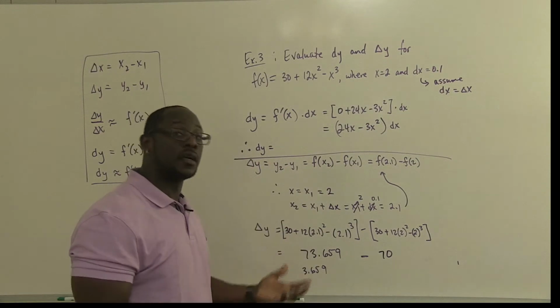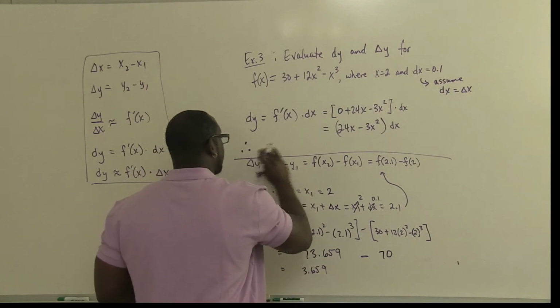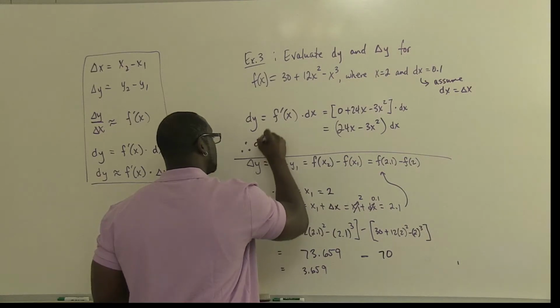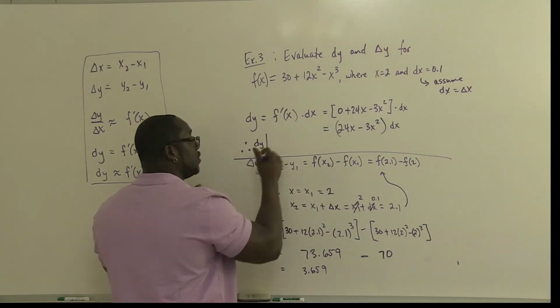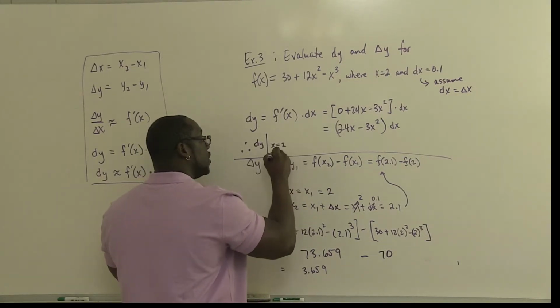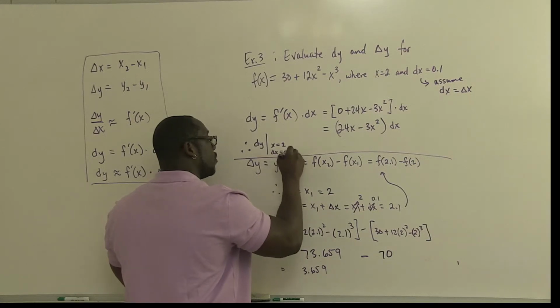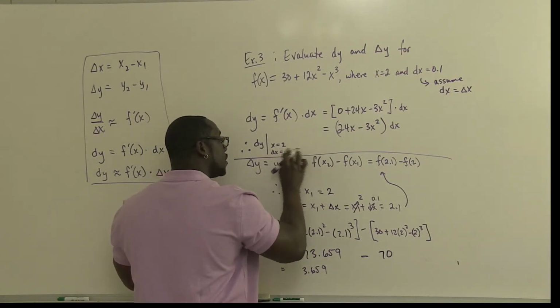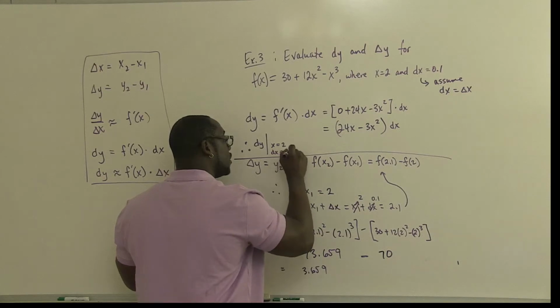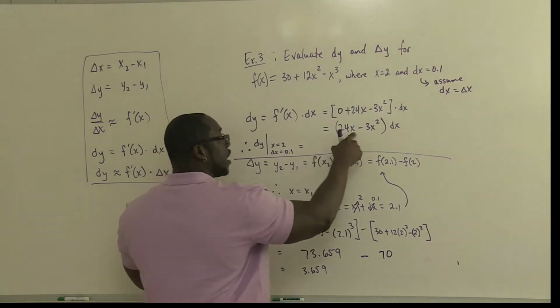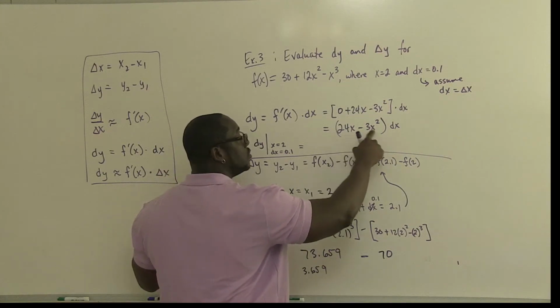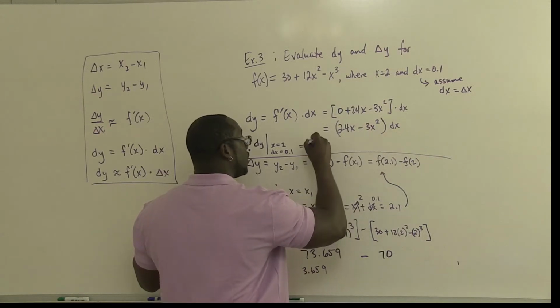And when we plug that information in, and I like to notate it this way, we're going to plug in dy where x is 2 and dx is 0.1. Clean that up here. We can now just plug in 2 right here and here, 0.1 there.